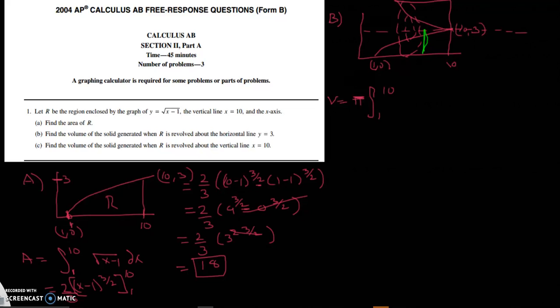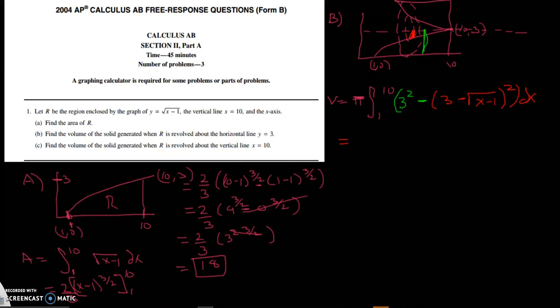It's 3, so outer squared is 3 squared, minus, let's switch colors, a good color, red, the inner, which would be this distance right here. How big is that? That's going to be 3 minus the root of x minus 1, squared, dx.